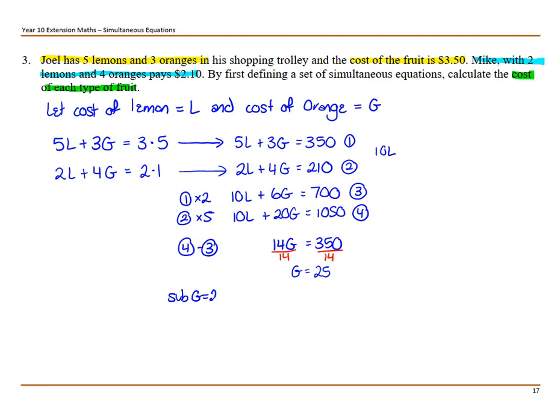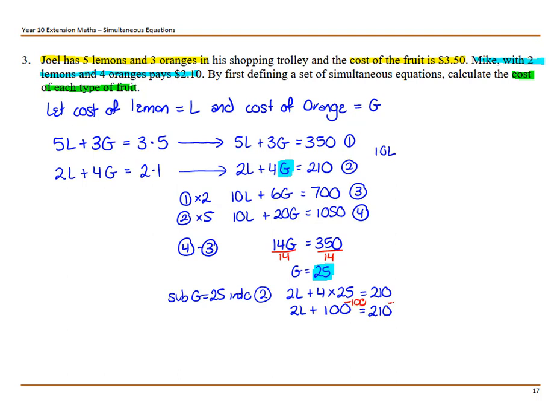Sub G equals 25 into, let's go equation 2, doesn't really matter, 2L plus 4 lots of 25. So we're just putting this 25 where that G is in equation 2. 2L plus 4 lots of 25 is 100 equals 210.